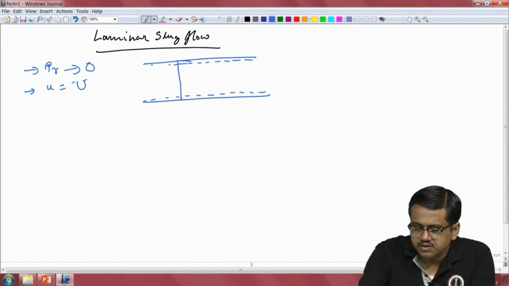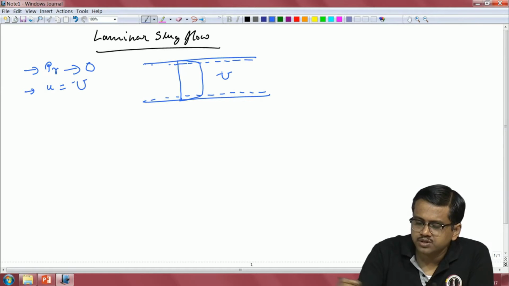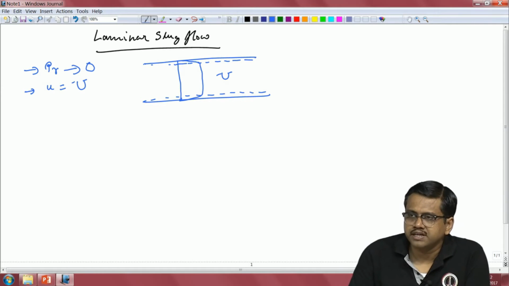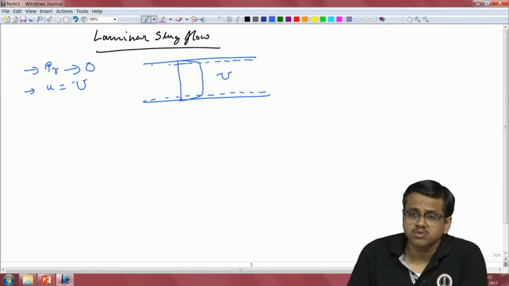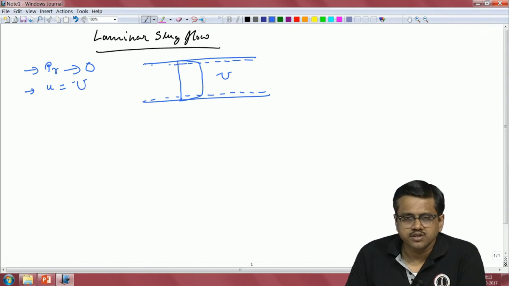So the velocity is something like that. It's a very top hat kind of profile, and it is almost equal to the velocity u for all practical purposes. It's never quite true, but since the boundary layer is so thin, we can effectively imagine that your velocity is almost the same as u.